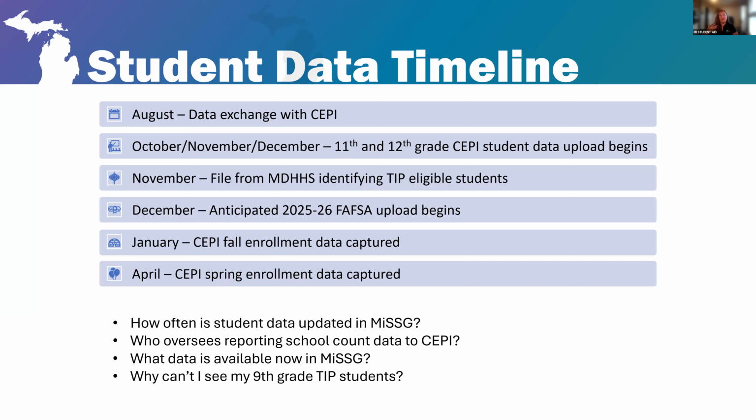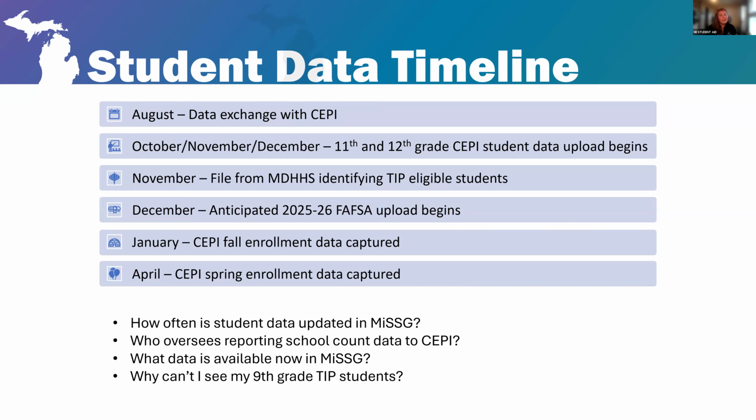But in the meantime, you're probably seeing a lot of TIP student level data in MiSSG. That's just because we haven't had this big exchange with CEPI for our 11th and 12th grade students, that's coming. And also because we haven't started receiving FAFSA data yet, to start filling in your FAFSA completion data.